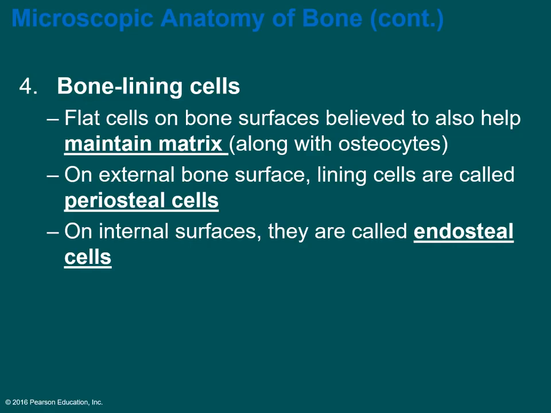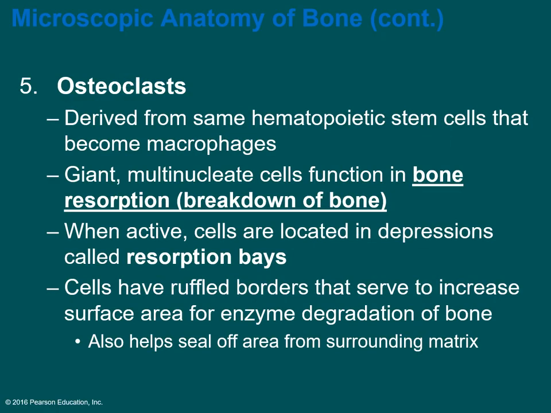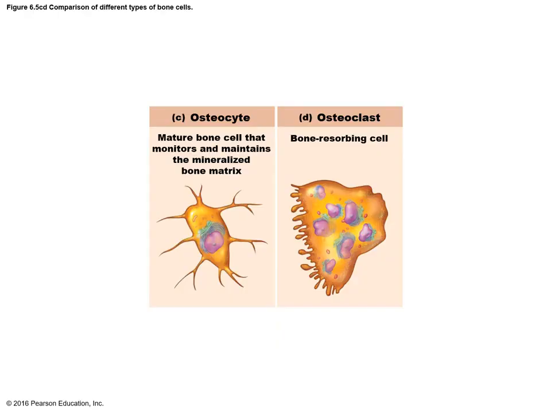On internal surfaces, endosteal cells. And then the osteoclasts, they basically are involved with bone resorption, breaking down the bone matrix. And here's a picture of them. And then here's the osteocytes.